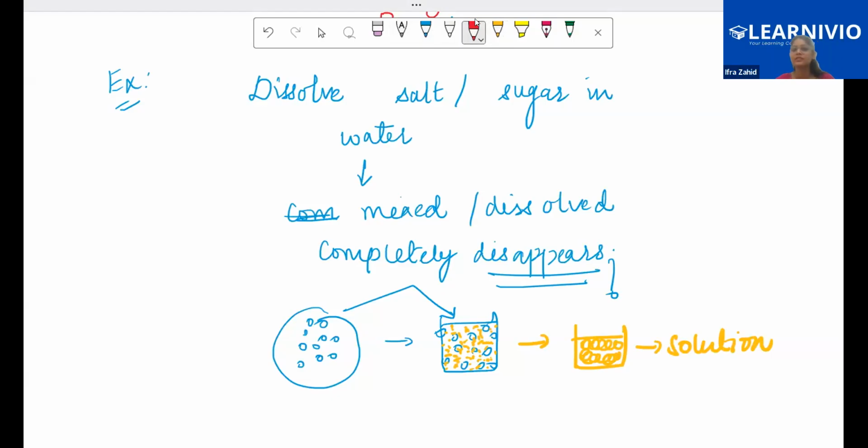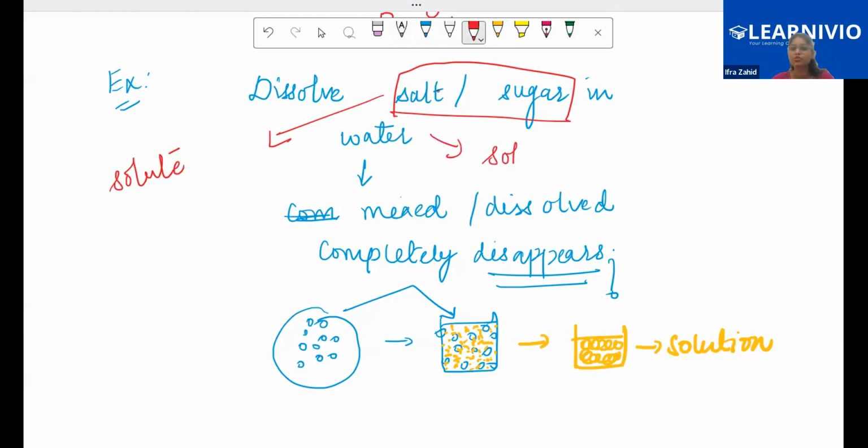Now, this is a further topic, but I'll just give you a brief about it. Salt and sugar are considered solutes. Water is the solvent. So anything which is being dissolved is a solute, and in which it is being dissolved is called a solvent.